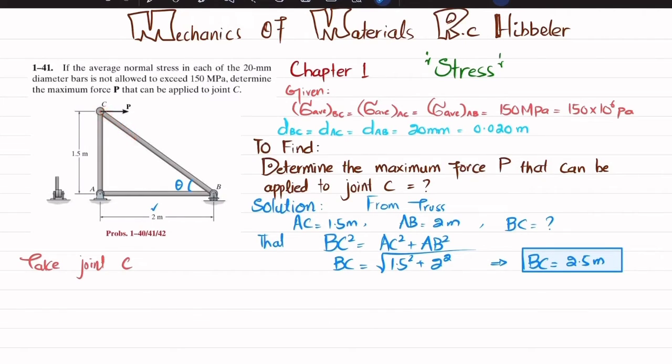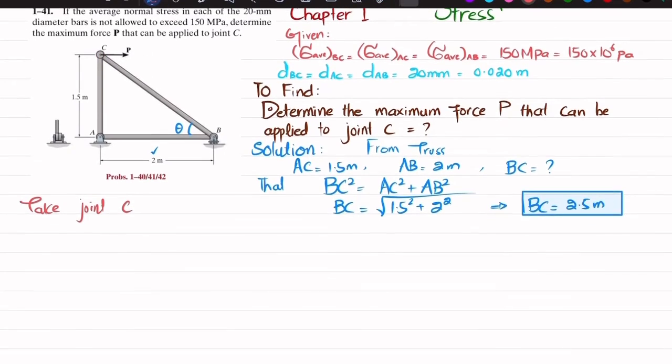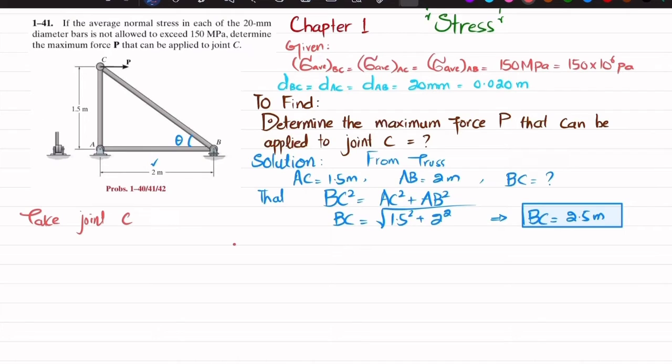And similarly, due to this load P, this AC will move toward this side, causing extension or tension. As a result, the load applied by AC at joint C will be this one. So let me draw this joint C. This is a point C where you have a load of P acting in this direction, and this is the load BC.